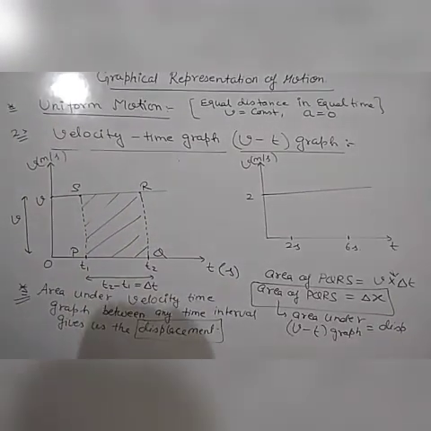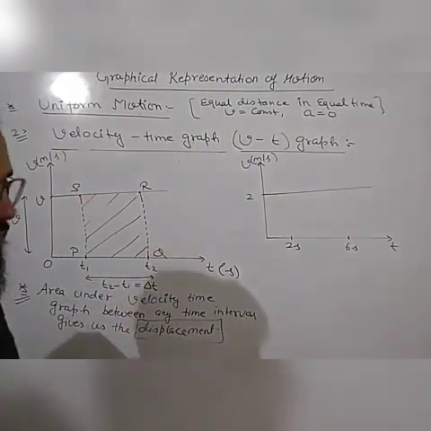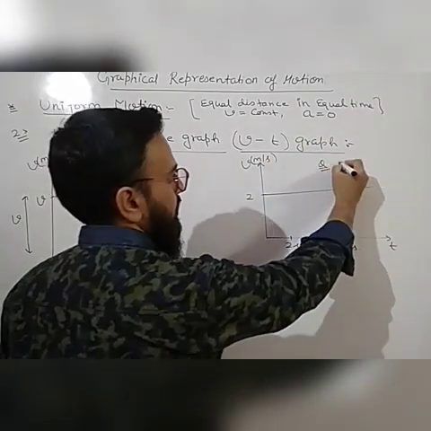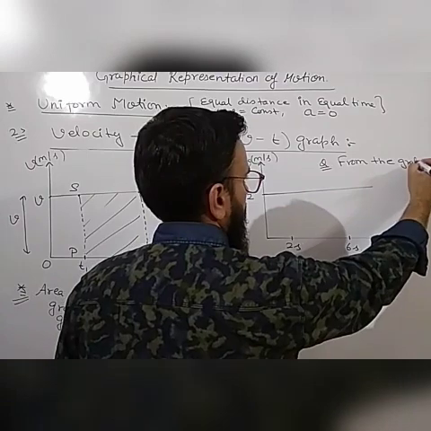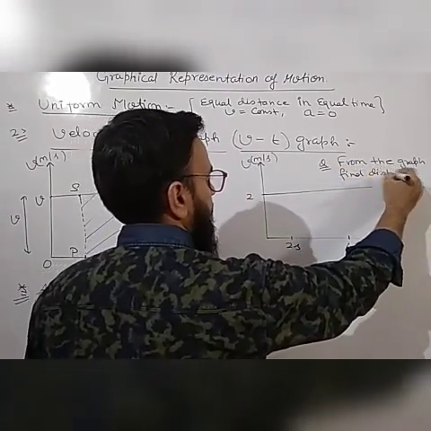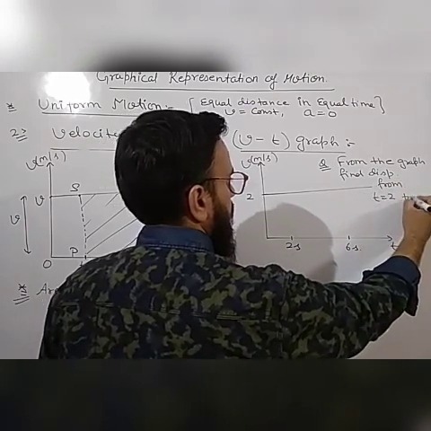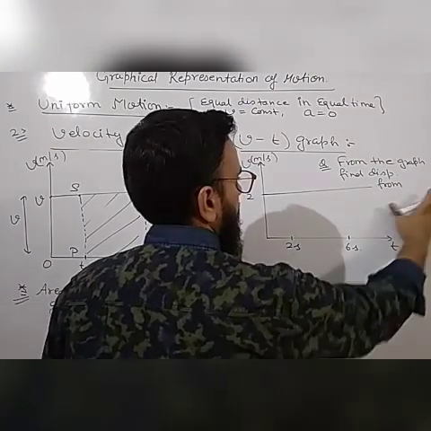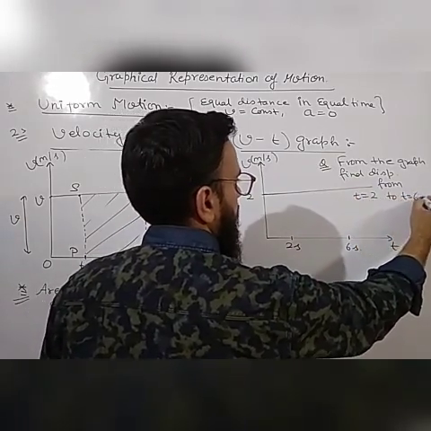And you have to find the displacement. You are given only this graph. So the question is, from the graph, find the displacement from t is equal to 2 to t is equal to 6 seconds.